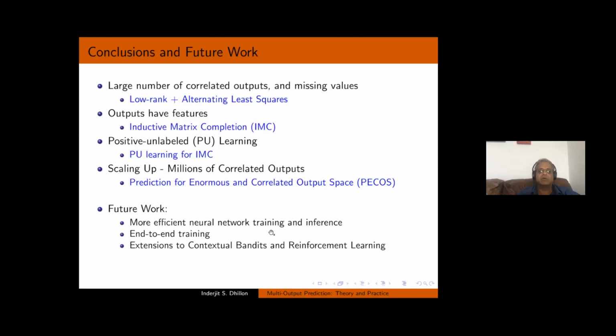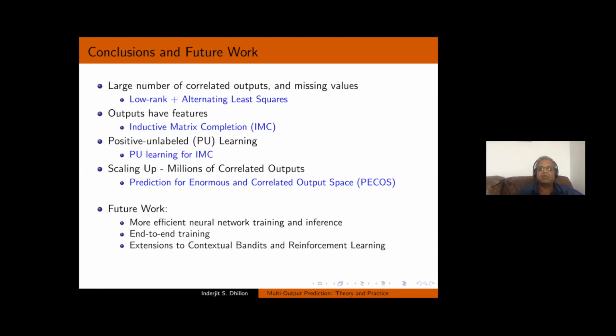So future work, something that I'm actively working on, is to do more efficient neural network training and inference, and try to do end-to-end training, because with the clustering, things are somewhat fixed. And one of the reasons for calling this project prediction for enormous and correlated output spaces is that many times you don't just have a supervised learning problem in these settings, and you may want to extend to contextual bandits or reinforcement learning.